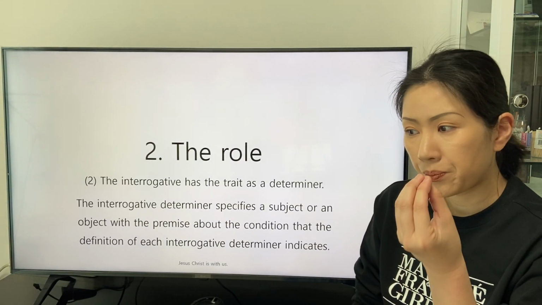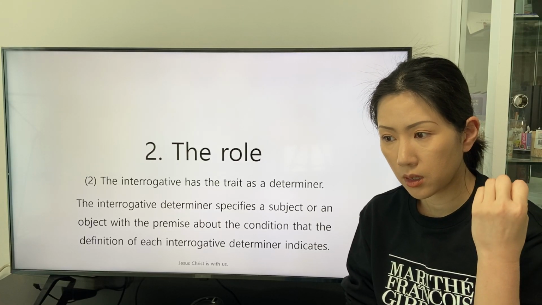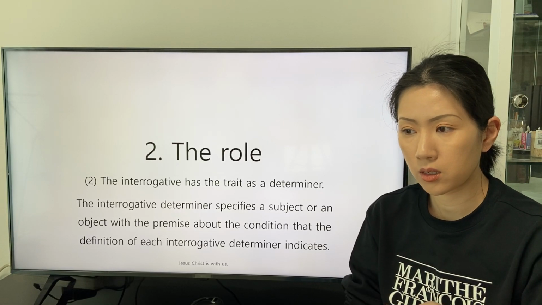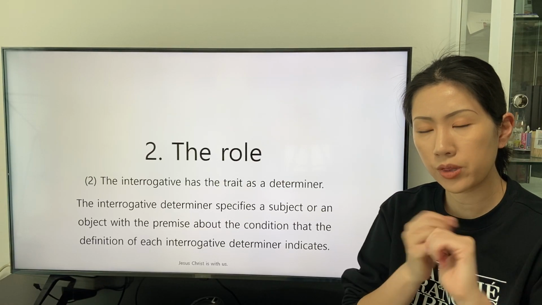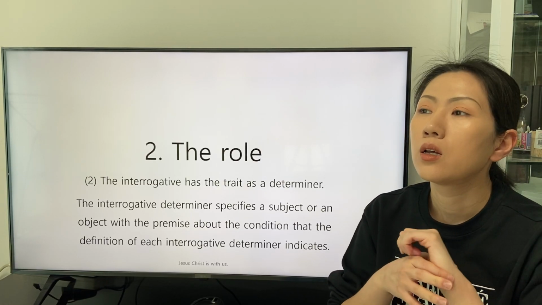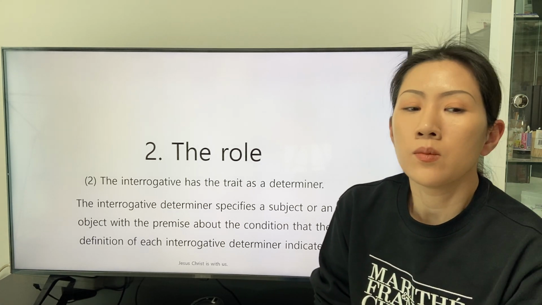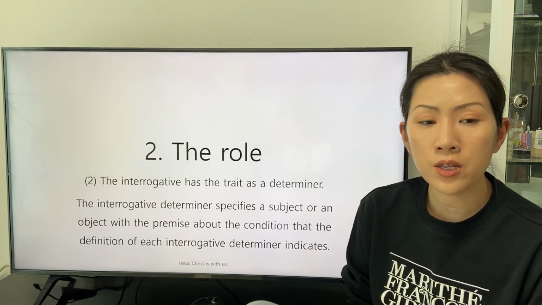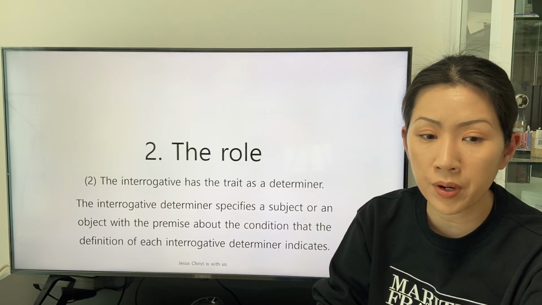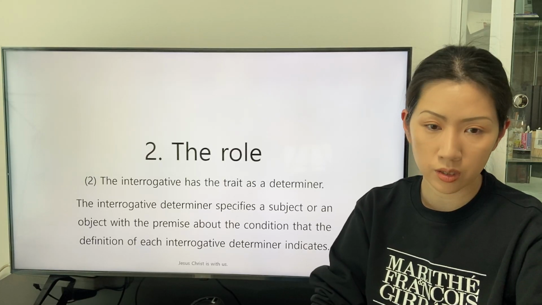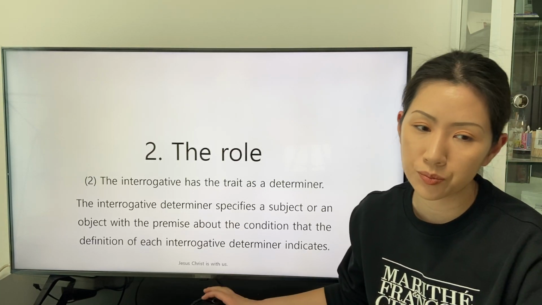With the inquisitive intent of the speaker, the interrogative determiner specifies a subject or an object with a premise about the condition that the definition of each interrogative determiner indicates.